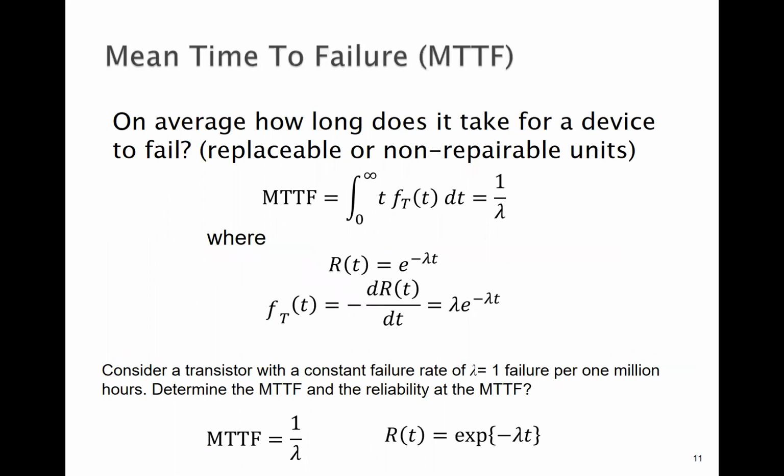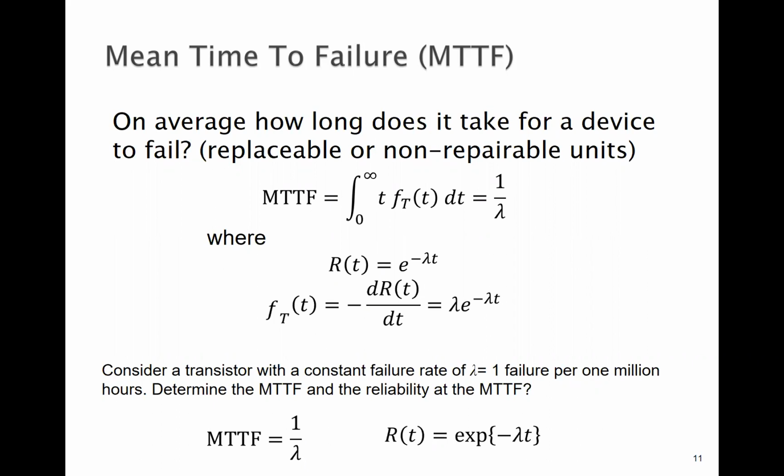Mean time to failure is another parameter that we have to consider. It's simply, on average, how long does it take for a device to fail? This is usually applicable to replaceable or non-repairable devices. MTTF, mean time to failure, is simply the mean value of the failure time.